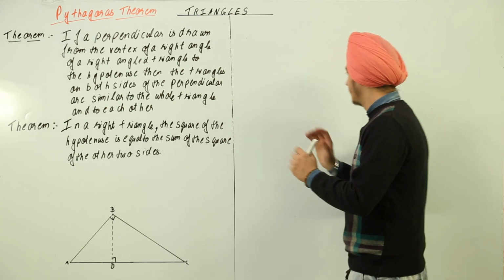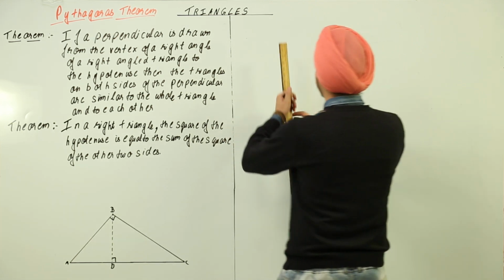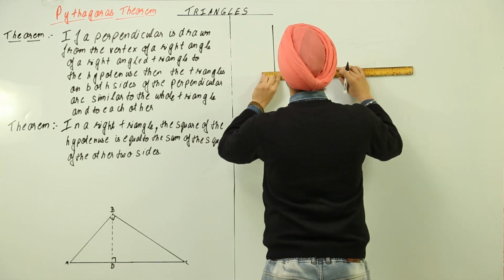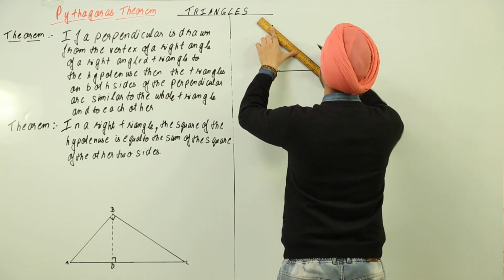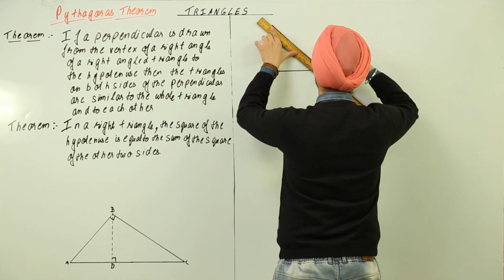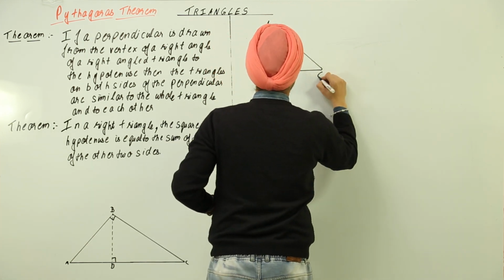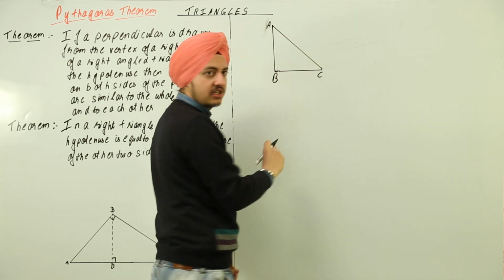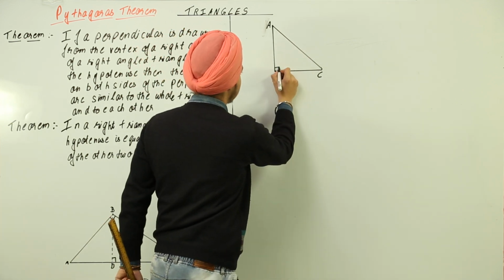Now I'll just explain this to you by a figure. First of all, let's imagine that we have a right angled triangle ABC. Now if a perpendicular is drawn from the right angled vertex to the hypotenuse, this is the hypotenuse, this is the right angled vertex, correct?